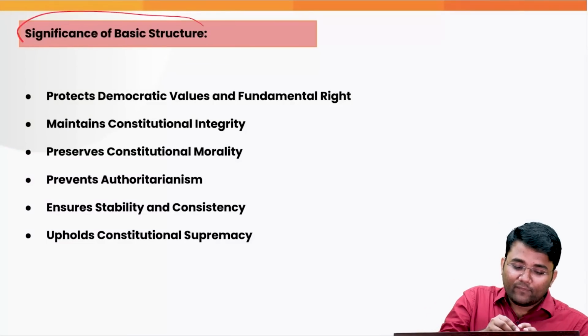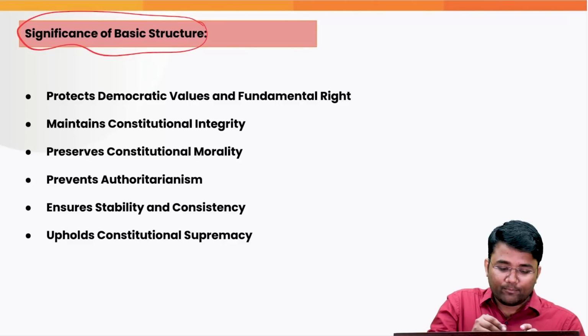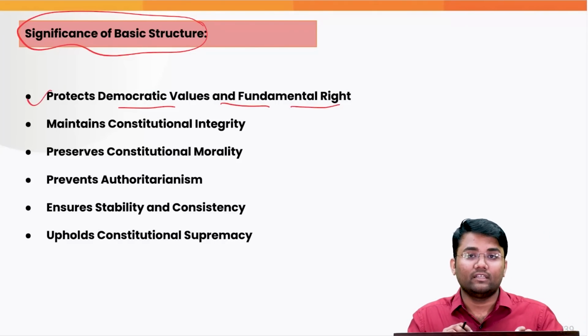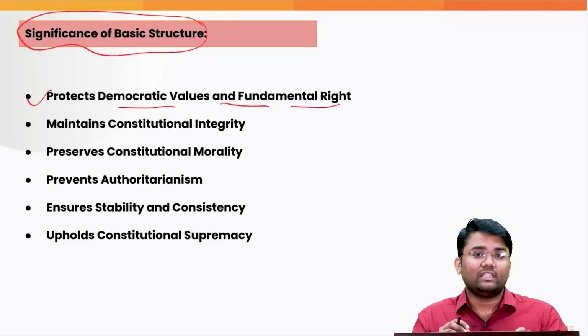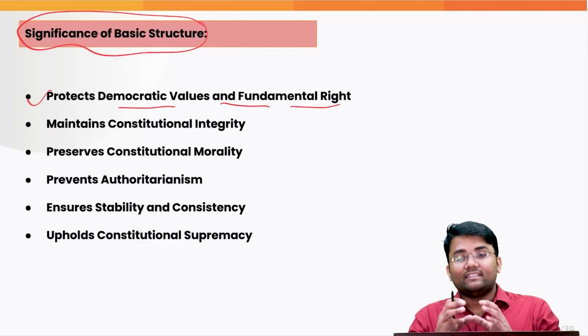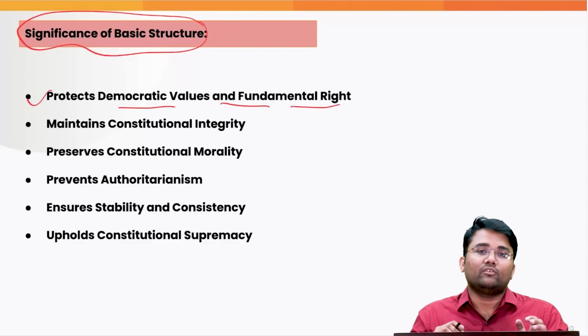So what is the significance of the basic structure? First, it protects the democratic values as well as the fundamental rights of the citizens. Democratic values like equality and justice, whether social, economic or political justice, are all preserved through this doctrine of the basic structure.